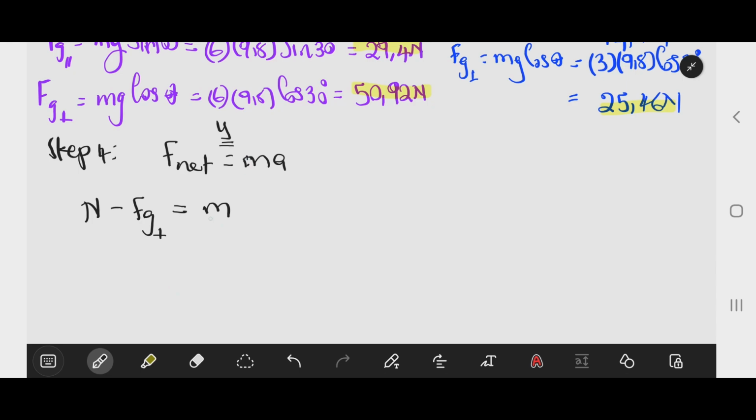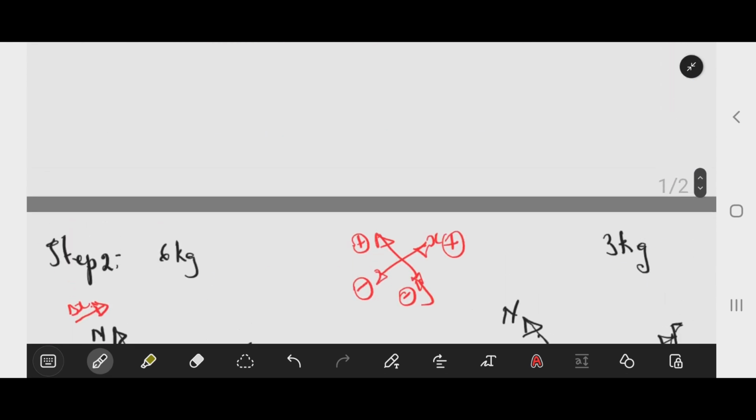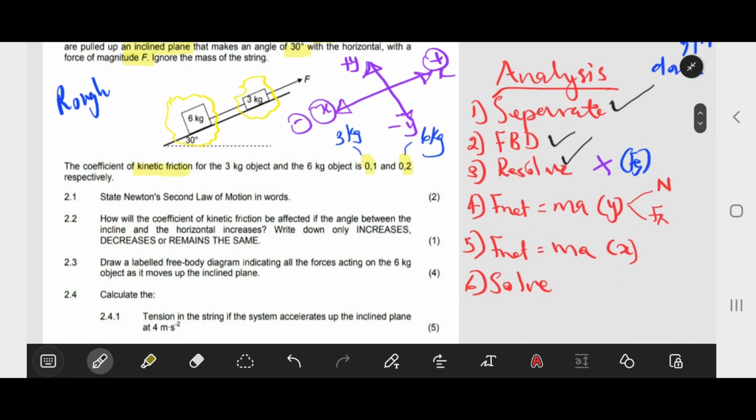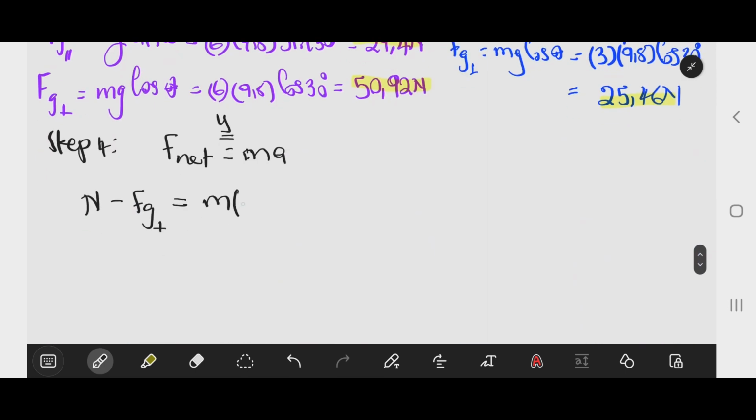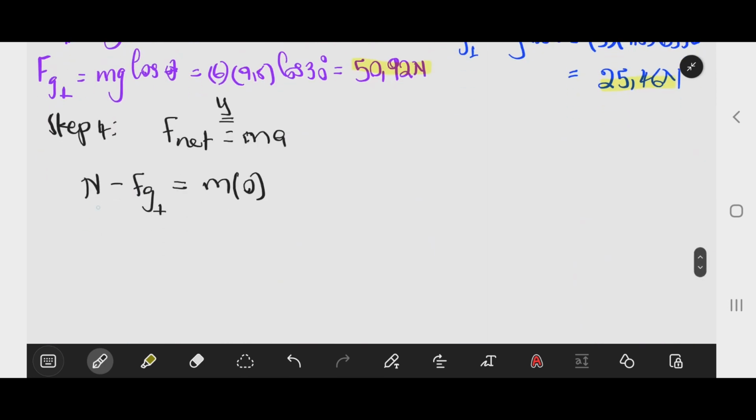And now what about the acceleration? These objects are not moving in the y direction, okay? So it means the acceleration in the y direction is equal to 0. So we'd have mass multiplied by 0, and that is normal force minus Fg perpendicular, that is equal to 0.